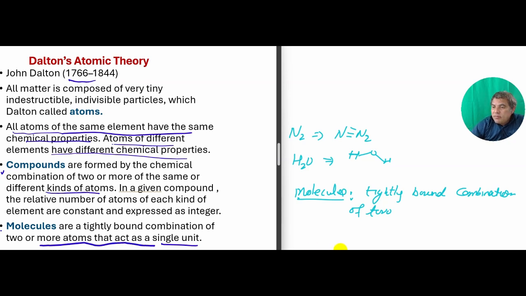They are very tightly bound, and that combination as a whole acts as a single unit. For example, oxygen and hydrogen, water, different chemicals bound very tightly. This is one water molecule, then another water molecule. The water molecule will have different properties than others, and this becomes a single smallest unit. So that's what Dalton says.